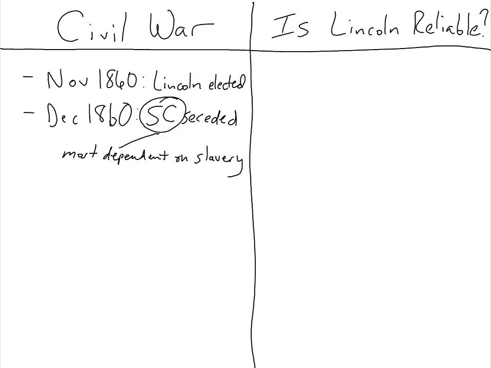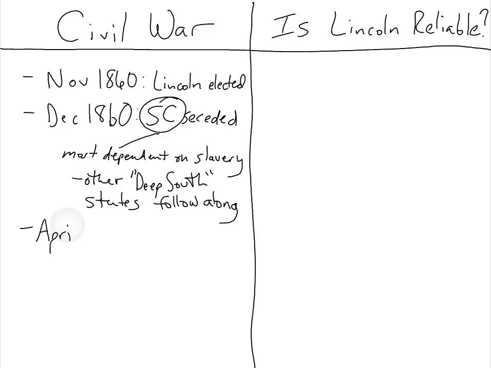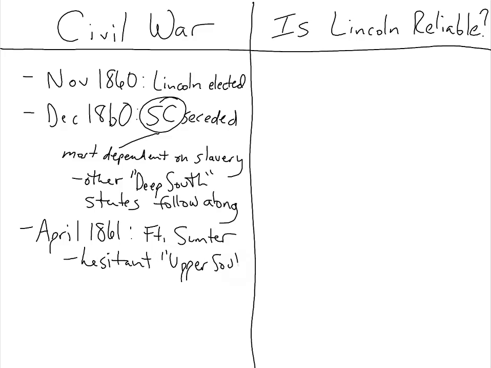So it makes sense that they would be the first that were most eager to secede. If you remember, other Deep South states follow along. It isn't until April of 1861 that you have the firing on Fort Sumter. It's only then that the hesitant Upper South states join the Confederacy.